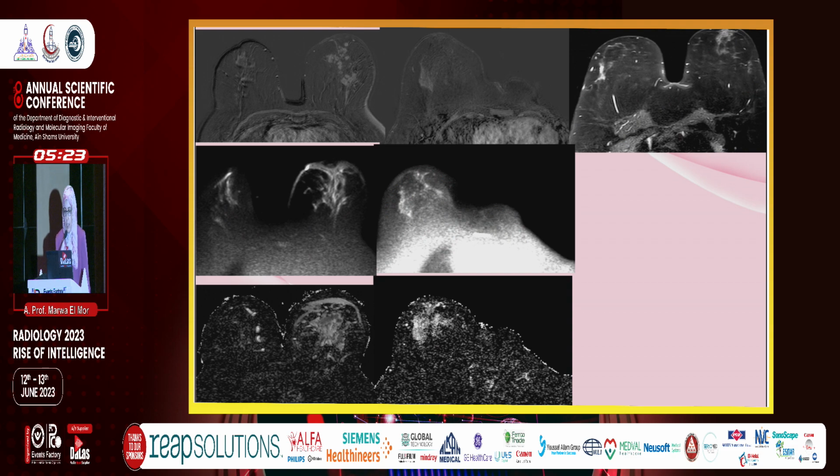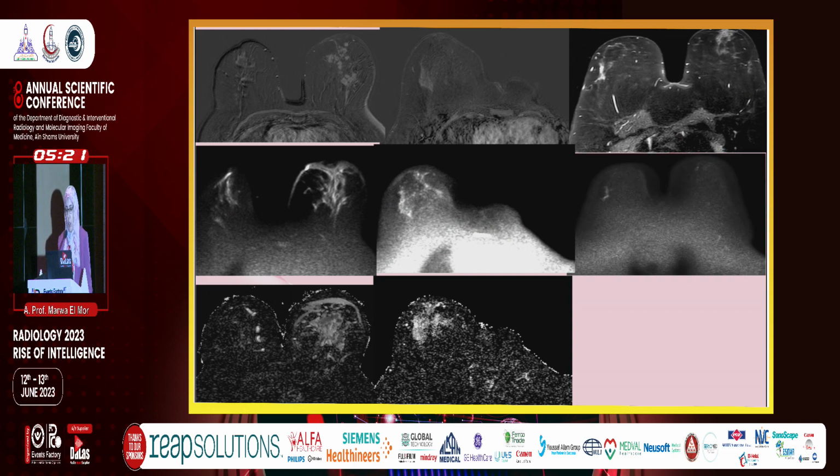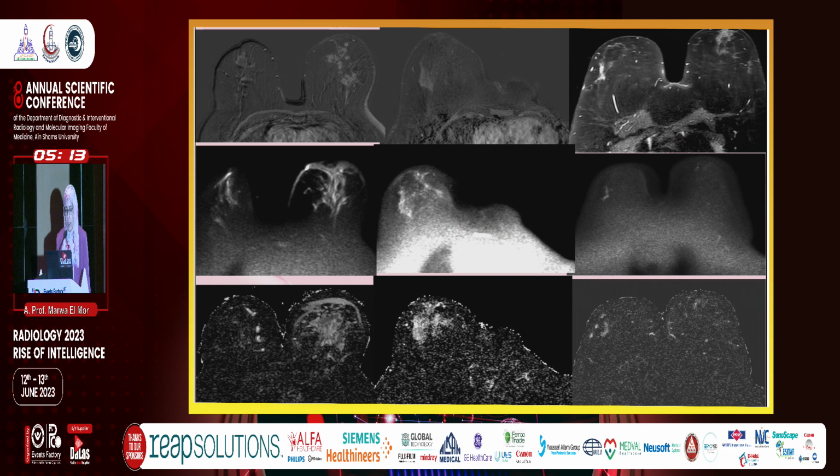This is the case of focal enhancement. We can see there is also a correlate in the DWI of increased signal intensity, yet on the ADC we didn't find a low signal corresponding to diffusion restriction, which was a false negative diffusion study.